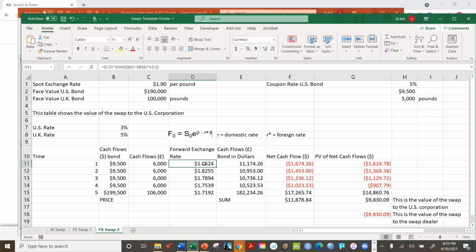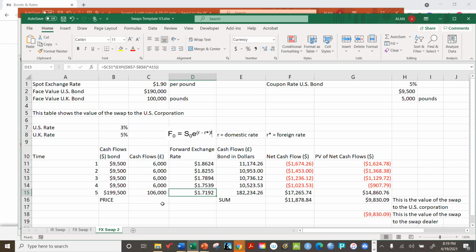So for example, this is the spot exchange rate of $1.90 multiplied by e raised to the 3% minus 5% times 1, because this is 1 year in the future. Then for the next year, we replace T with 2. And so naturally enough, the number goes down. Then we have 3, 4, and 5.